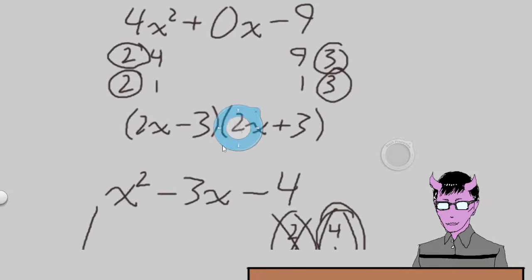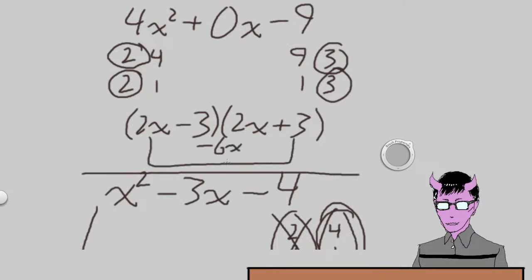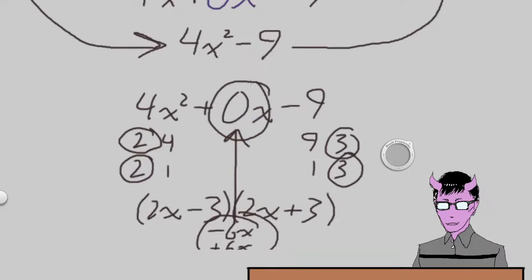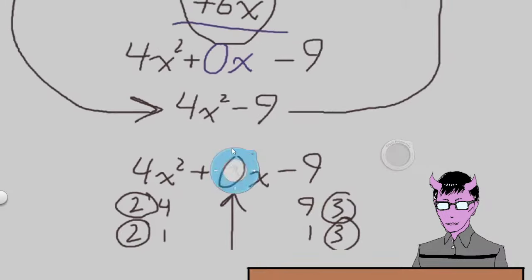So check it out. If you distribute these two, you're going to produce negative 6x, and then if you distribute those two, you're going to get positive 6x. And as calculated, we see that the negative 6x plus the positive 6x will produce 0x that we desire in the middle, which you don't have to write, so you can simplify it back to this.